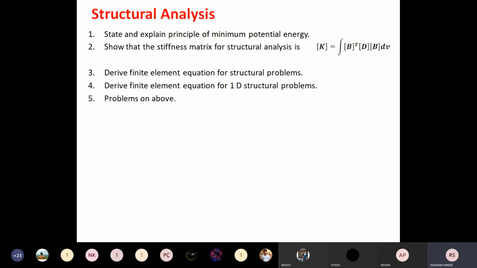Some concepts of structural analysis you have studied in the first unit, that is, you have solved stepped bar problems and tapered rod problems. Here, it is the same type of thing, but in the first unit you have taken only axial load. Here we are considering all types of loads.